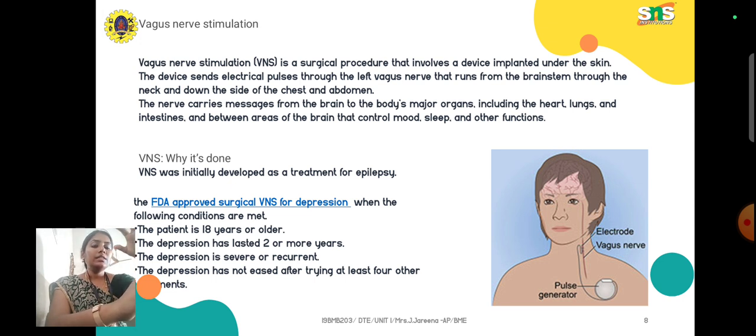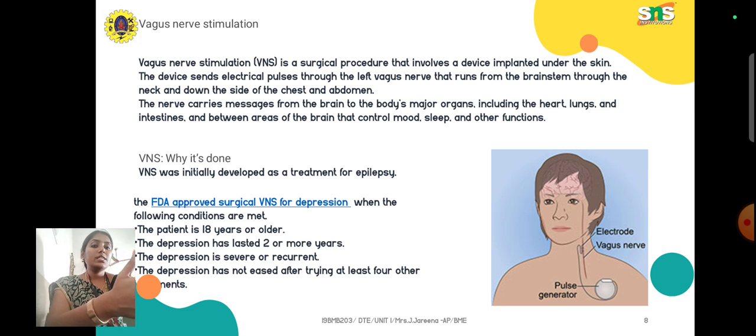Again, since it is a surgical method where we are directly making a connection with the brain, it's not that easy to go with this type of stimulation treatment. Certain conditions have to be met before going ahead, as per the guidelines given by the FDA.